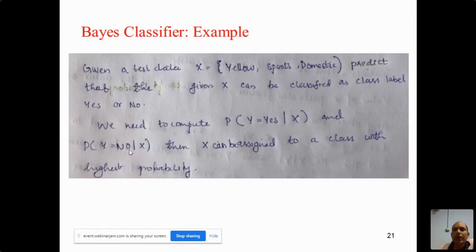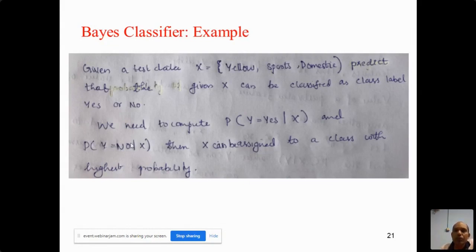So you just apply the Bayes theorem. Here we have 2 class labels. We need to compute P(y = yes | x), and again you have to find the probability for the class y equal to no given x.